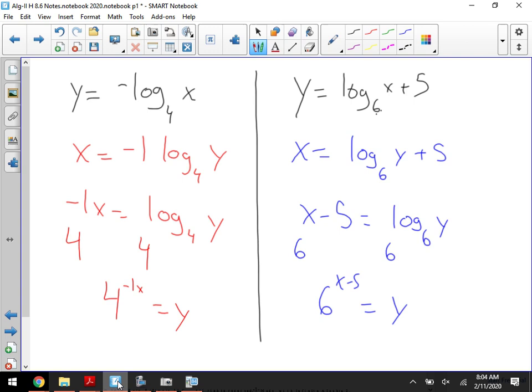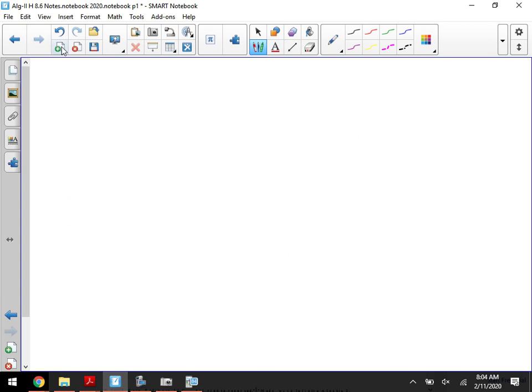So 21 and 22 are basically the same thing, just going the other direction, starting with the exponents, going to logs. So in 21, again, first step, flip-flop x and y.